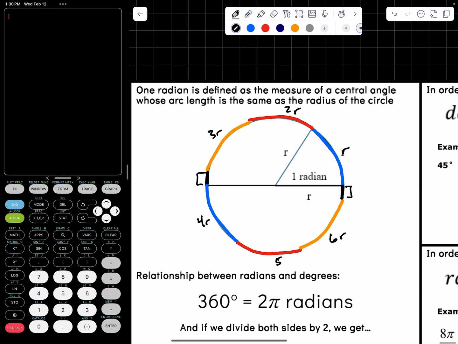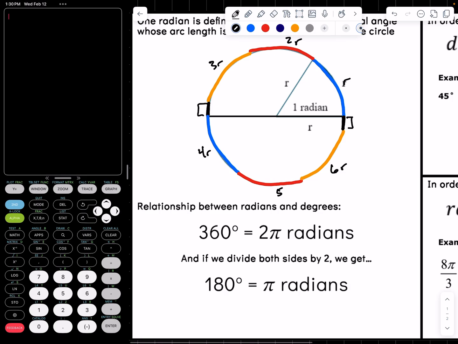That's where 2 pi comes from, okay? 360 degrees equals 2 pi radians all the way around. If we divide both sides by 2, then we get 180 equals pi radians, which we know pi equals 3.14.